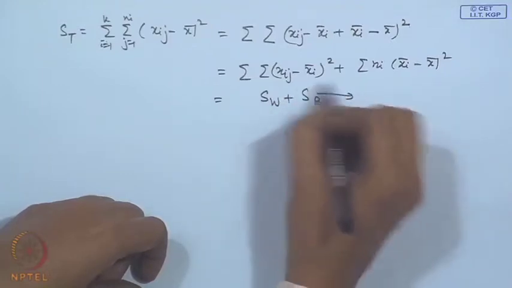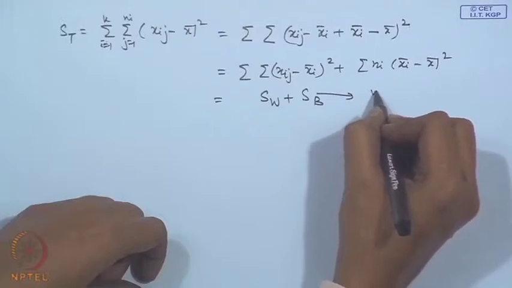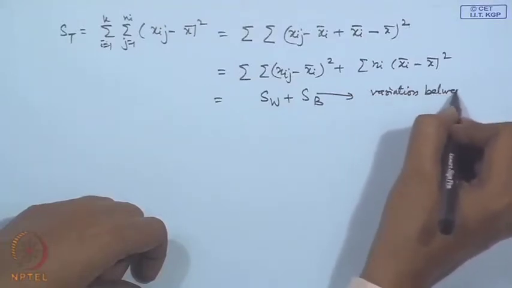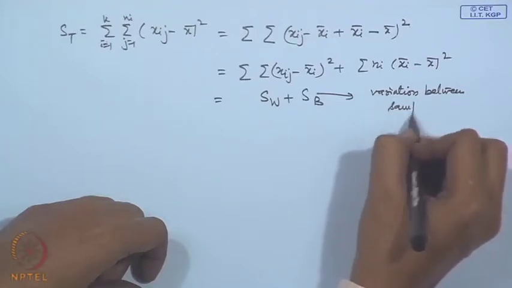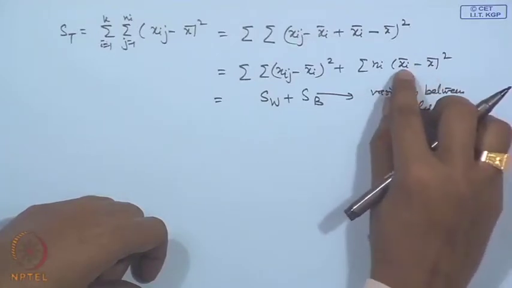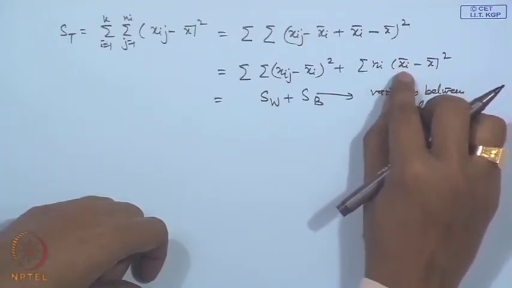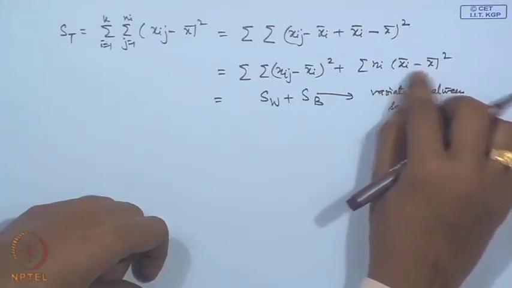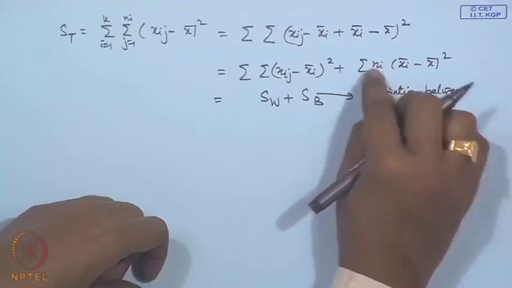Now, this S_B term is actually the variation between samples, because we are considering x_i bar, that is the ith sample mean, and x bar is the grand mean. I am taking the square and then taking all such cases.